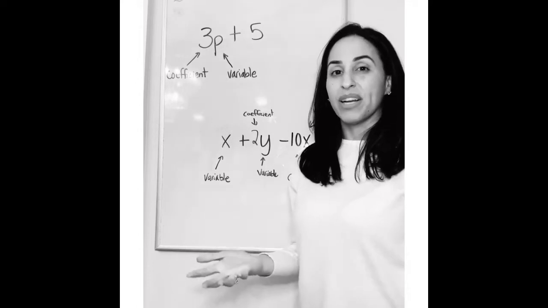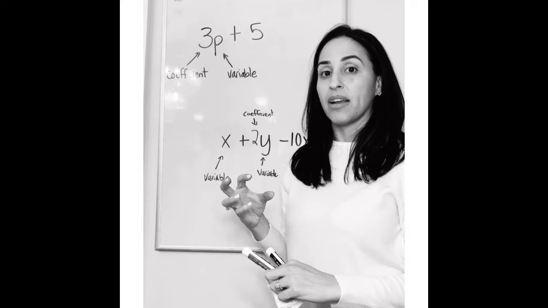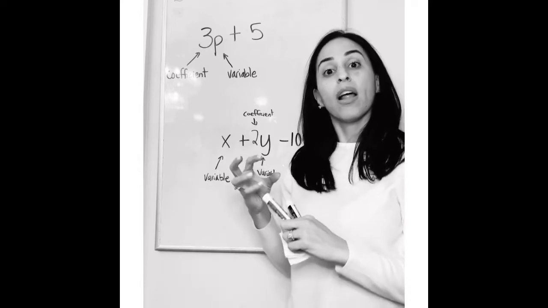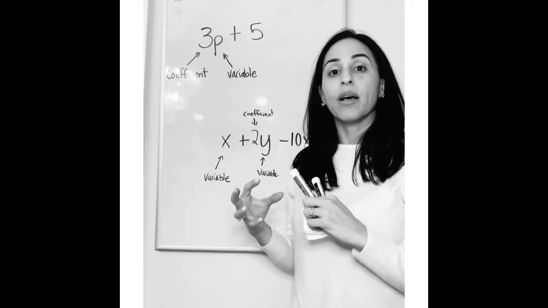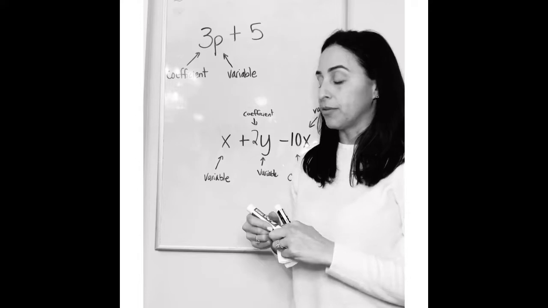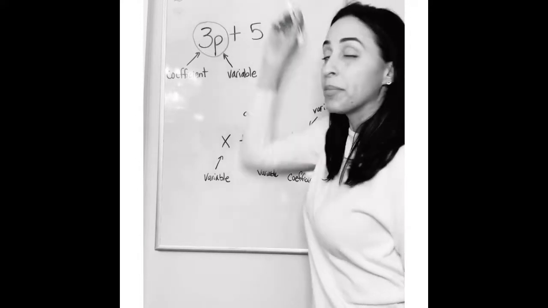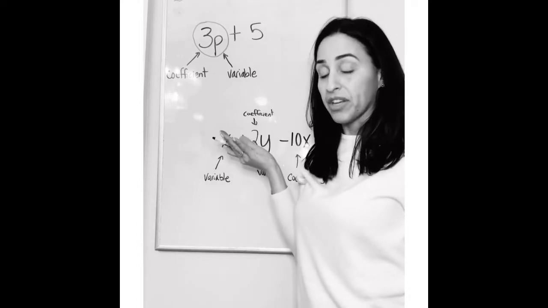So let's talk about what is a term. A term is anything that is having action with another number or variables or coefficients, but what's separating them is really the operation. So I'm going to circle this term. A term can be a combination of a variable with a number or a coefficient.